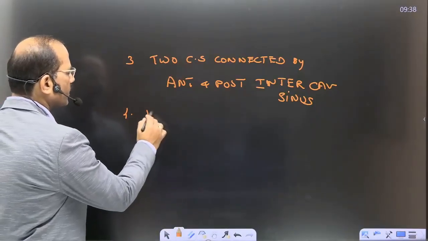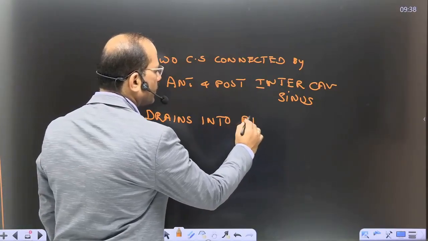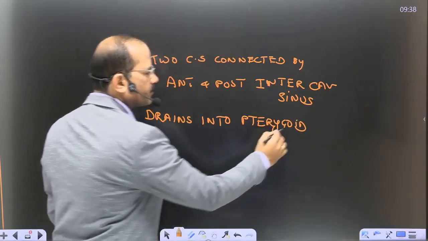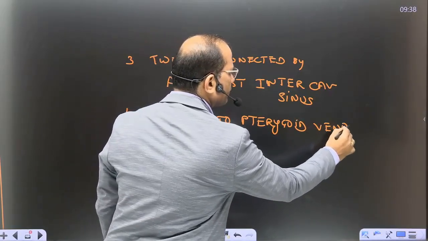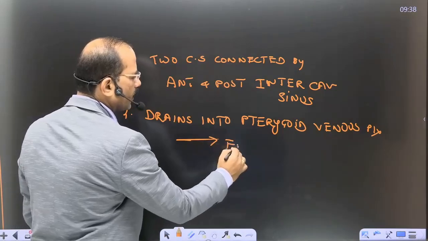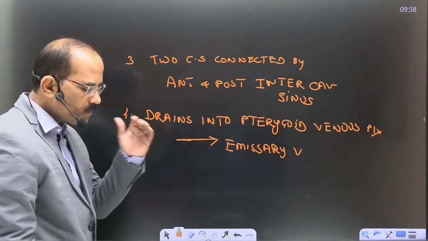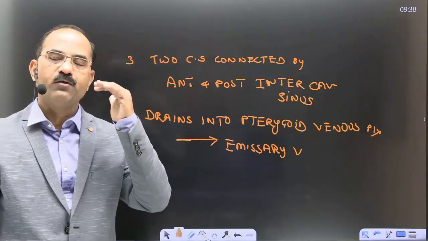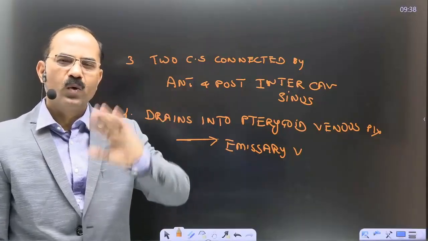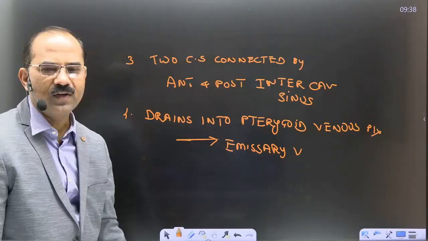And fourth, it drains into the pterygoid venous plexus through an emissary vein. Look, from the cavernous sinus the infection goes to the pterygoid venous plexus, and from the pterygoid venous plexus the infection goes to the cavernous sinus. It can come in the reverse direction also. These are all valveless. So the cavernous sinus connects with the pterygoid venous plexus through the emissary vein. Clear to all of you students?